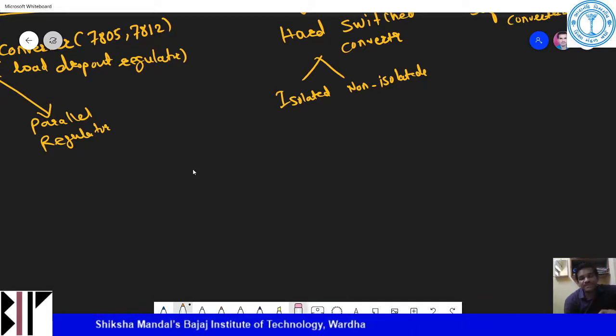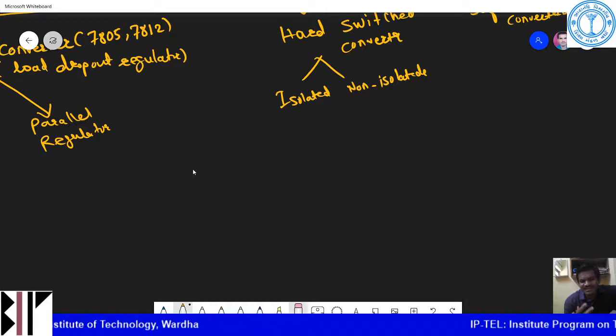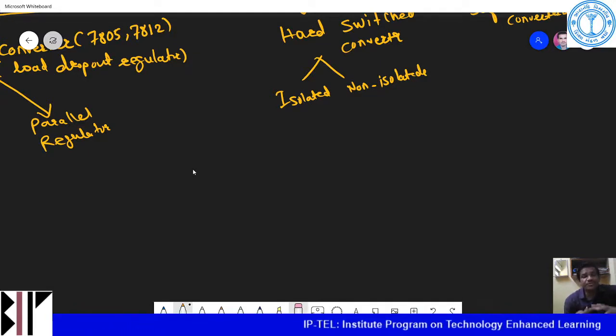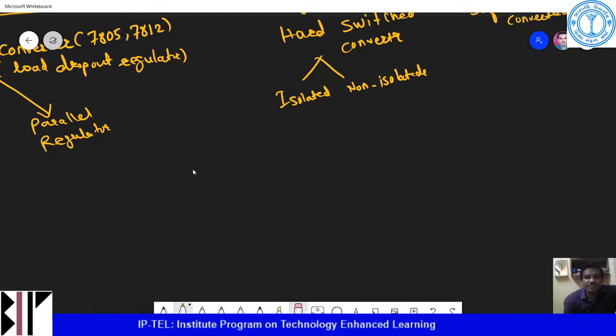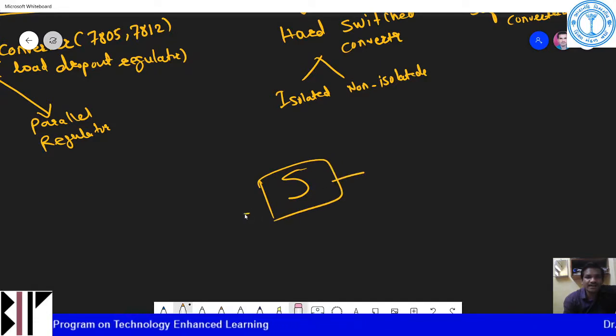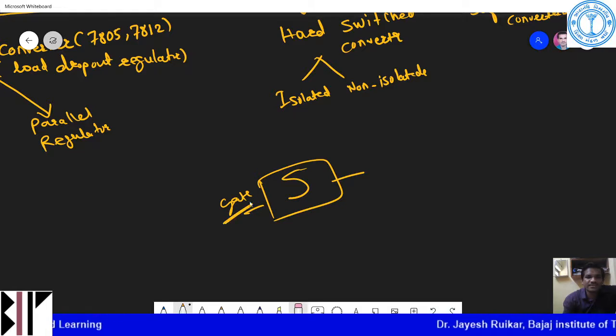We have that connection, your drain to source, or collector to emitter, anode to cathode. If you remove that PWM, then it will be off. So your switches have a gate pulse we are providing to this switch.